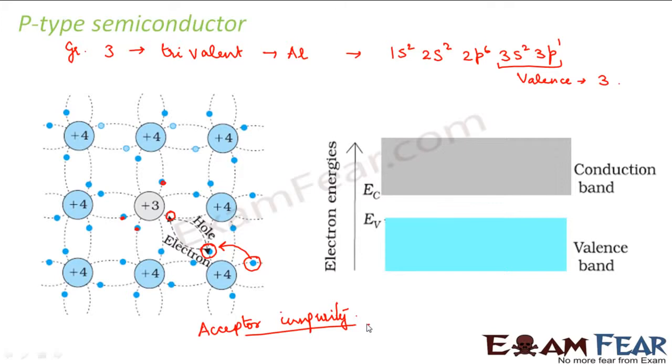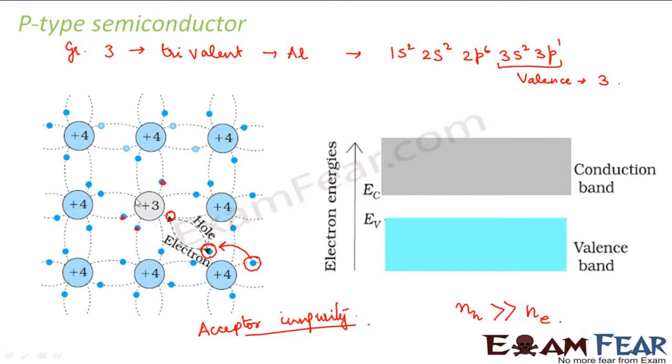At room temperature, these extra holes are generated. But when the temperature is increased, thermal energy is provided, and again the same process of electron hole pair generation takes place. So those electrons and holes are generated, but in addition to that, extra holes are also there. So the number of holes in a p-type semiconductor is greater than the number of electrons.